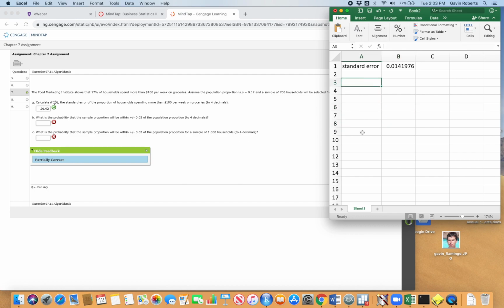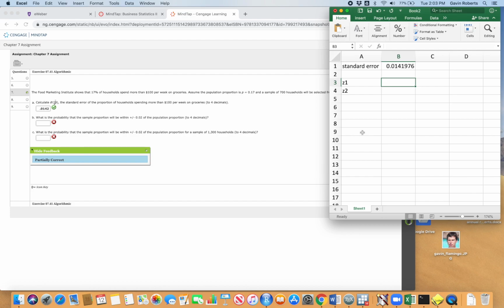So this is one of those examples where we need a Z, actually, let's call it Z1 and Z2. Because I'm going above the population proportion by 0.02 and below the population proportion by 0.02. So I need to calculate a Z statistic for both of those numbers. That range of sample proportions. What's the probability we're going to land in that range?